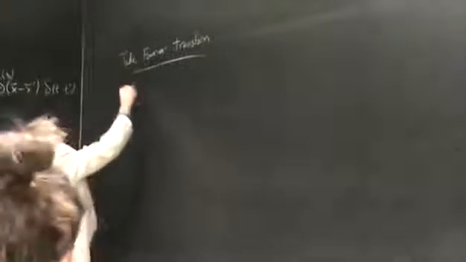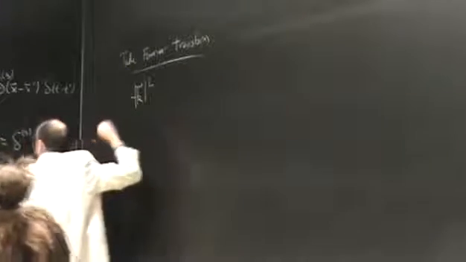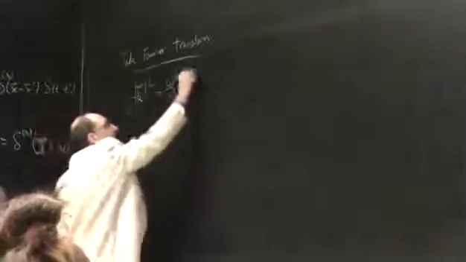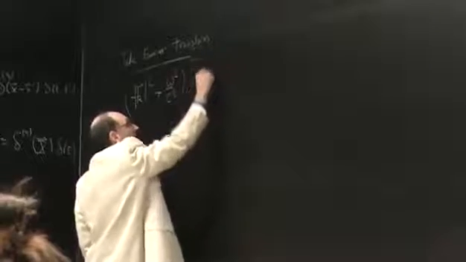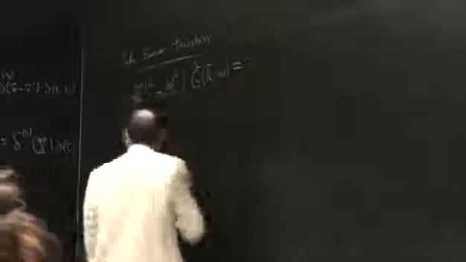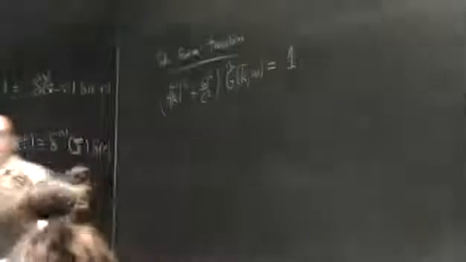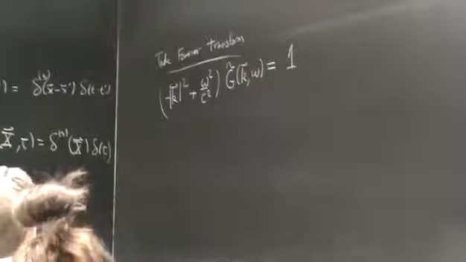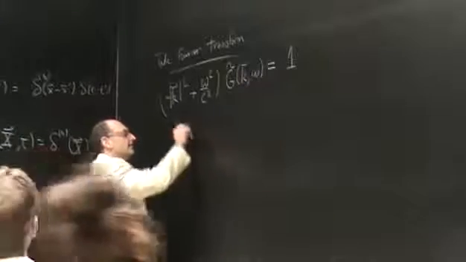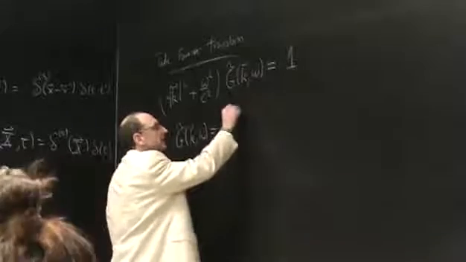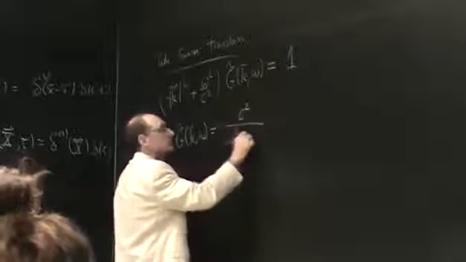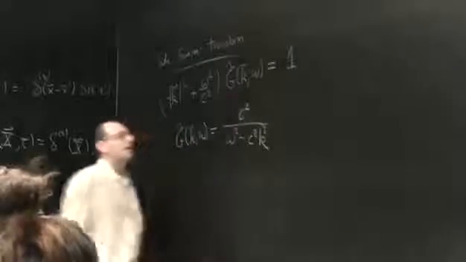And thus we get minus k squared plus omega squared over c squared, g tilde of k and omega, is equal to the Fourier transform of this, which is... so we have now the Green's function for the 3D wave equation is that.